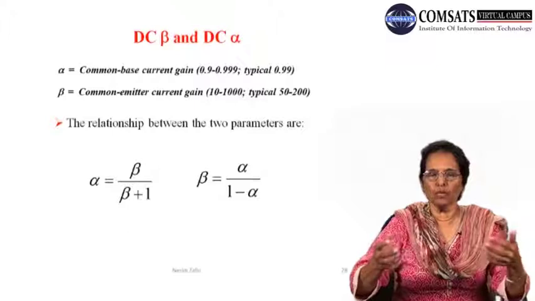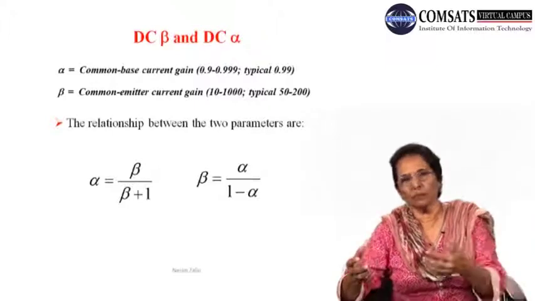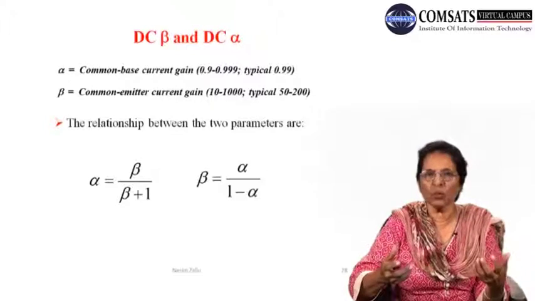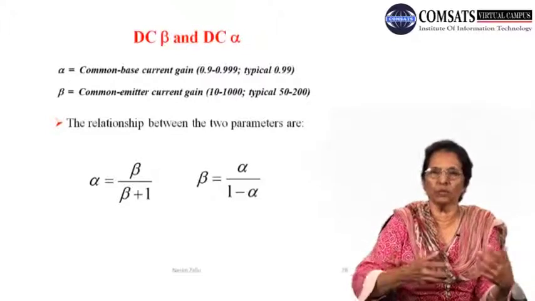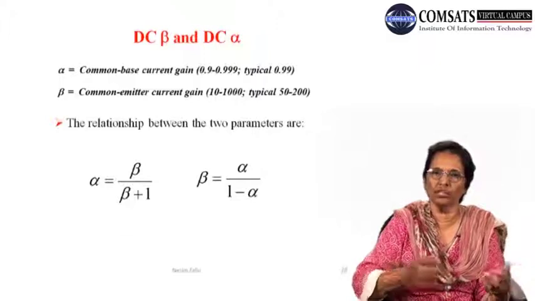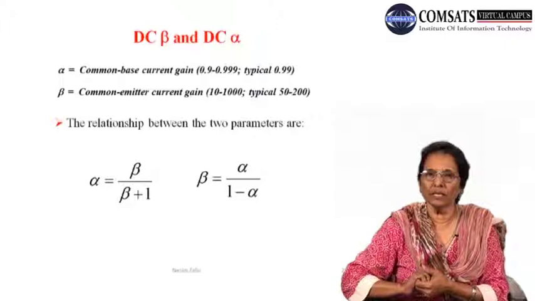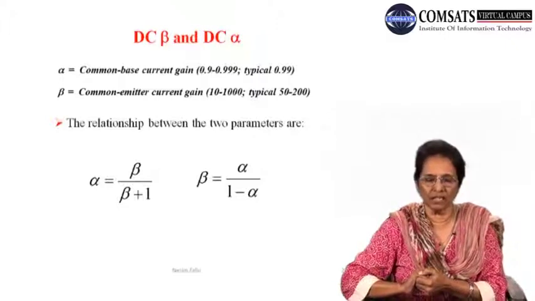Because they are both current gains for the same transistor, the only difference being in their appropriate biasing, whether the biasing is common base or common emitter. The output current is always IC.